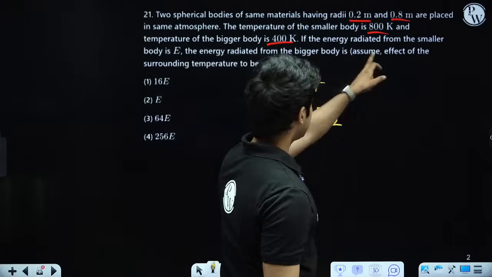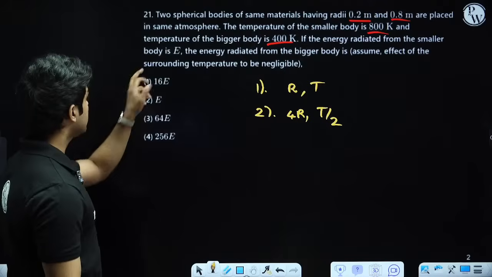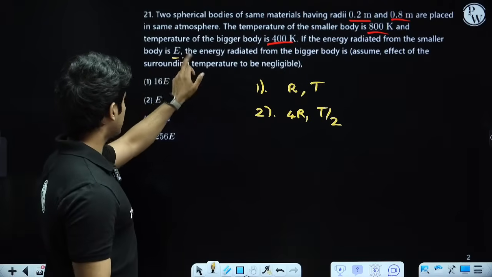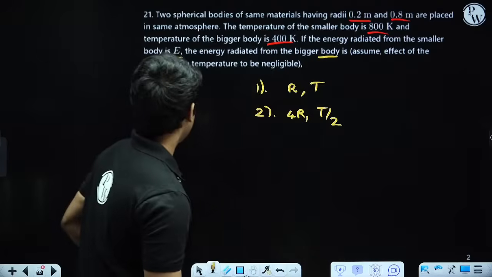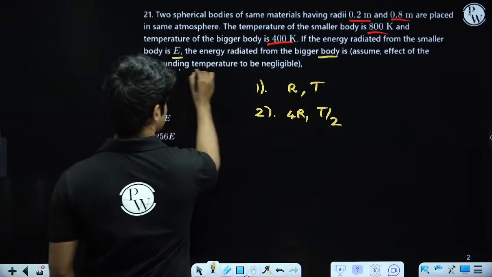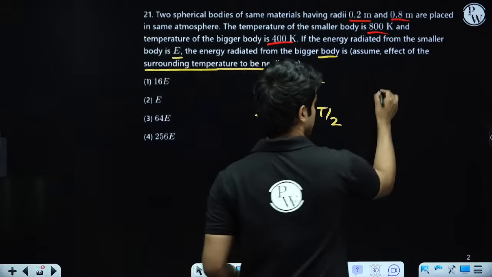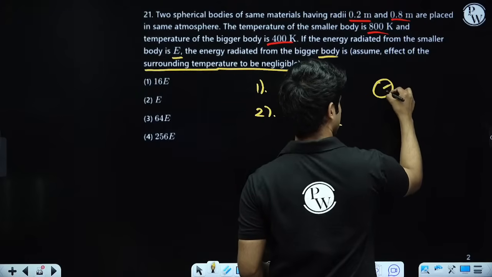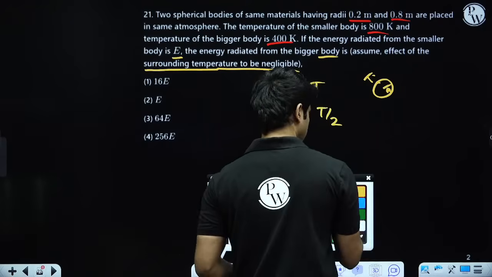If the energy radiated from the smaller body, so we are talking about black body radiation here, is E, the energy radiated from the bigger body is? Assume the effect of surrounding temperature is negligible. So this is a sphere whose radius is R and the surface is at temperature T. This body will emit radiation.